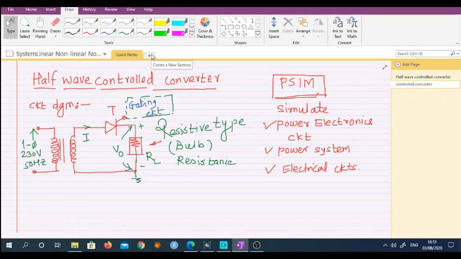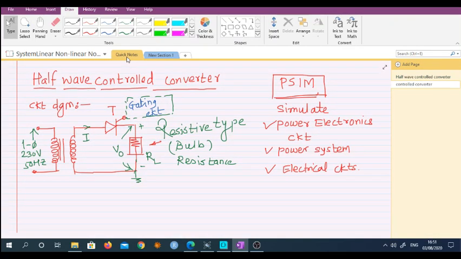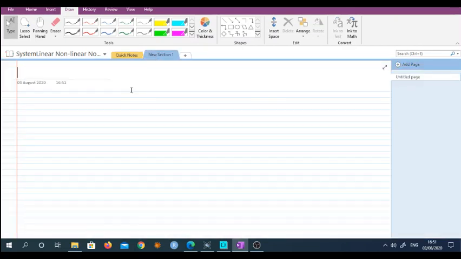So let us discuss how the waveforms will look. At the input, we are applying single phase 230 volt, and at the output we are going to get some output waveform, which is a DC waveform, because we know the SCR is a unidirectional device. First of all, let us note down some peculiar points about SCR.